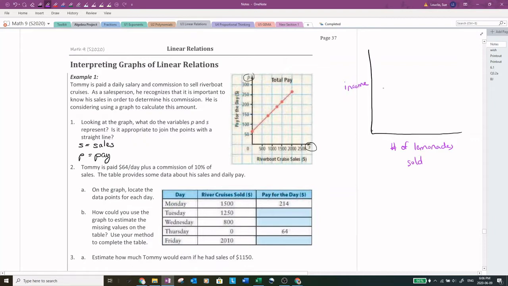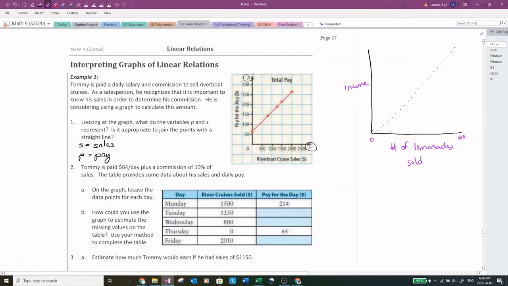How much money did we bring in? If this is a lemonade stand, my scale might go from 0 to, let's say, 20 because that's easy to graph. And my income is up here. I definitely can put 20 distinct dots there.